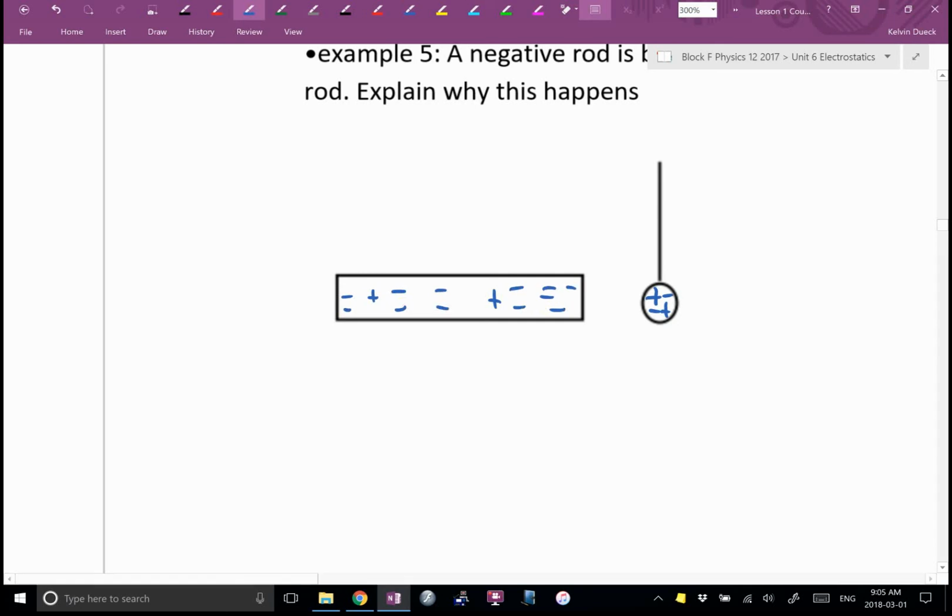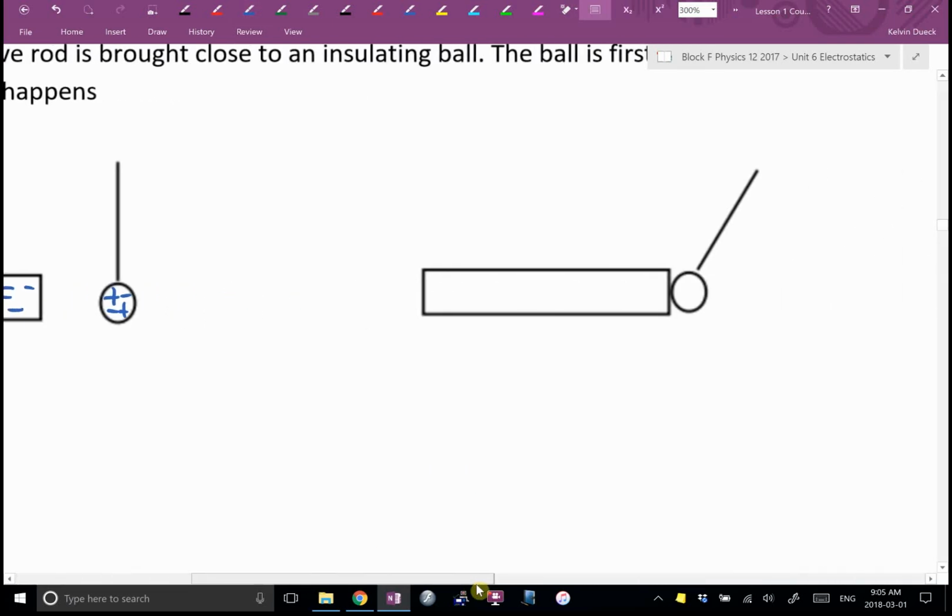Like charges repel. Unlike charges attract. So if I bring this negative close to this ball, what happens at first is the negatives in the ball are repelled. They move to the right-hand side. The positives in the ball are attracted. They move to the left-hand side.